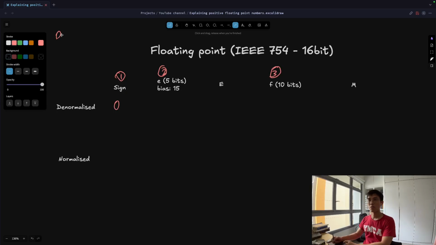I'll just write an example up here. So this is the sign bit. Then E, for denormalized numbers, we'll start with zero, I guess. How to represent zero.